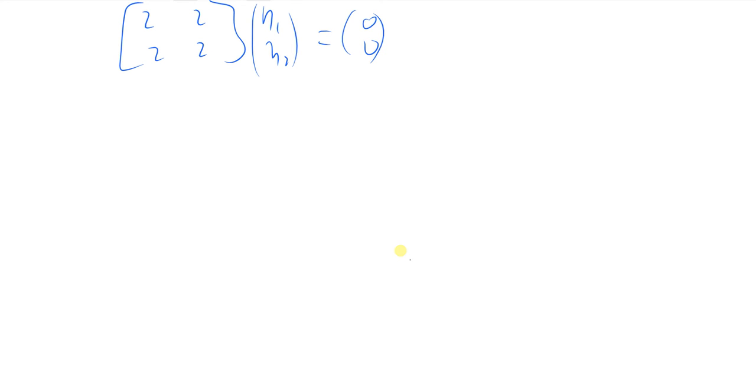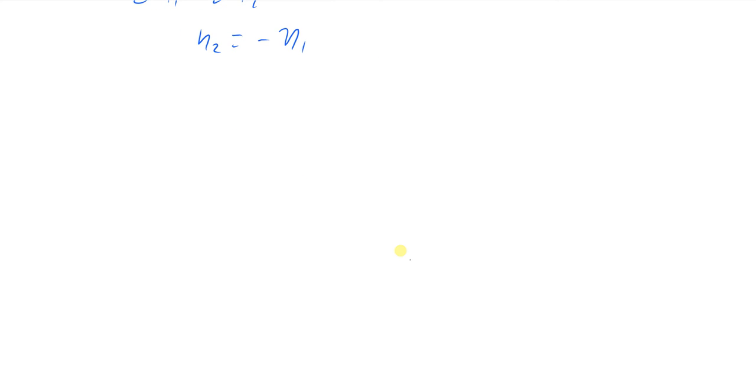And so we have 2 nu1 plus 2 nu2 equals 0, so nu2 is equal to negative nu1. Let nu1 equal 1, then nu2 is equal to -1, and so our nu for lambda 1 is going to be [1, -1].